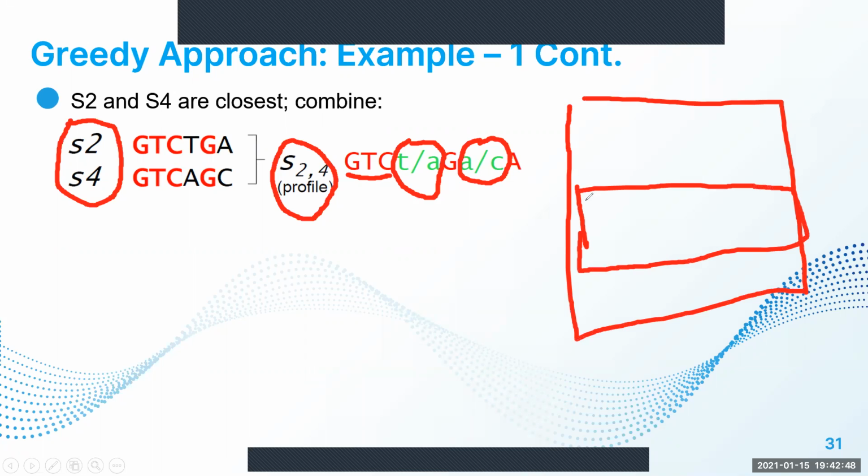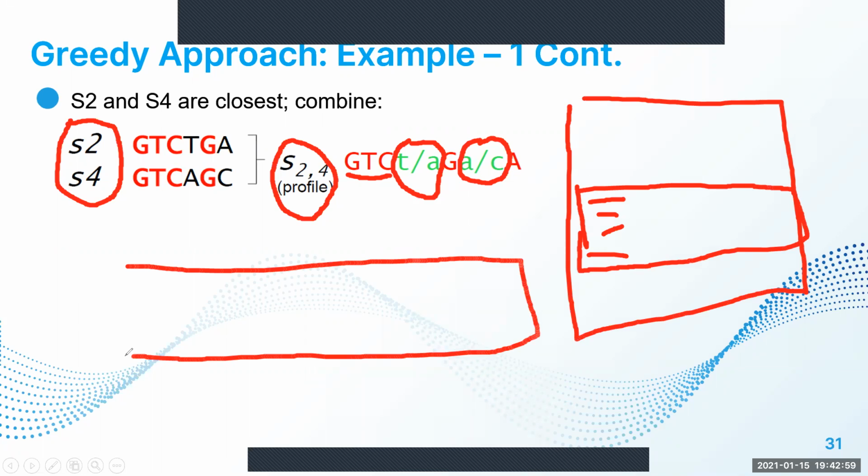Suppose you have 10 sequences, you do this algorithm 10 or 9 times, then you get one profile. It has S1 to S10.